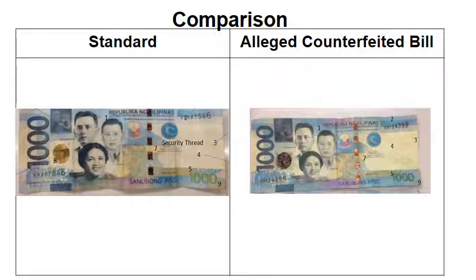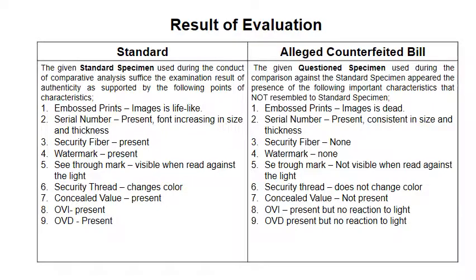So, we compare the two specimens again using juxtaposition. And now, here are the results of evaluation. To the left is the standard 1,000 peso bill, and to the right is the alleged counterfeited bill. And this is the result of evaluation.